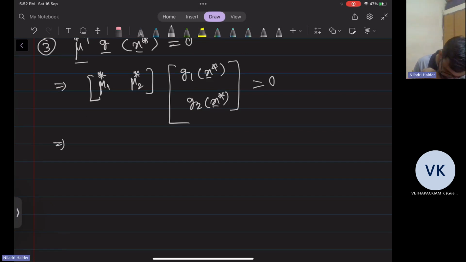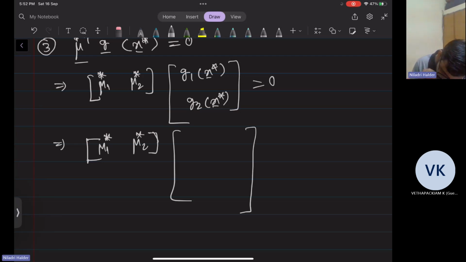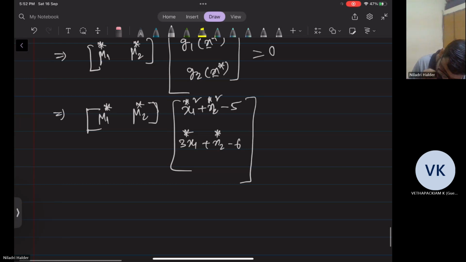What is g1 of x star? g1 was x1 square plus x2 square minus 5, and g2 is 3x1 plus x2 minus 6, equal to 0.